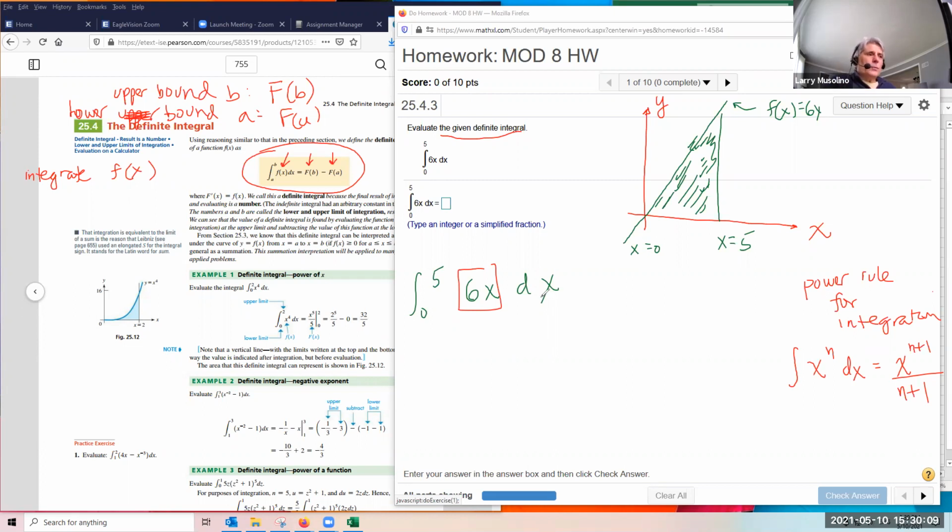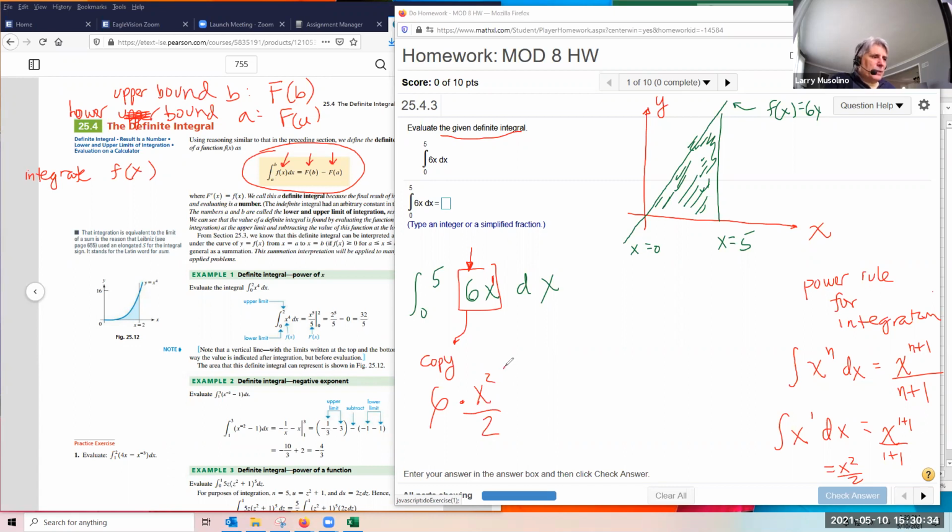Also remember, when you have a constant in front, like the 6 that's multiplying, you can just copy that down with you. So I'm just going to copy 6 down. Now I'm going to take the integral of x to the 1. According to my formula here, the integral of x to the 1 would be add 1 to the exponent, so that would be x to the 2 over 2.